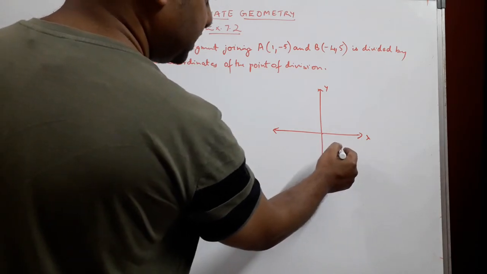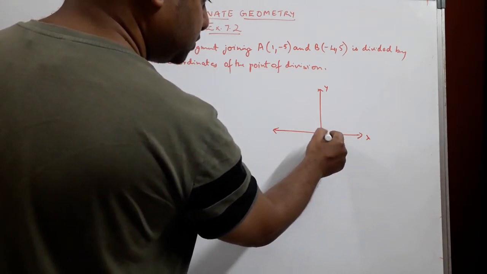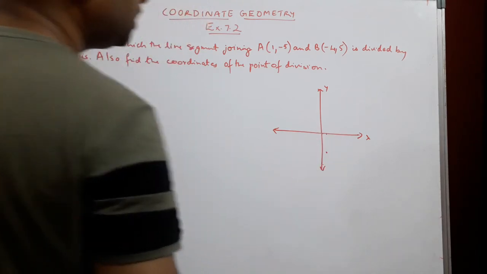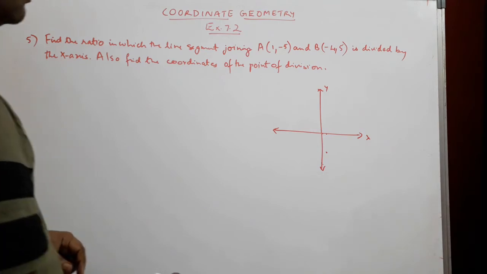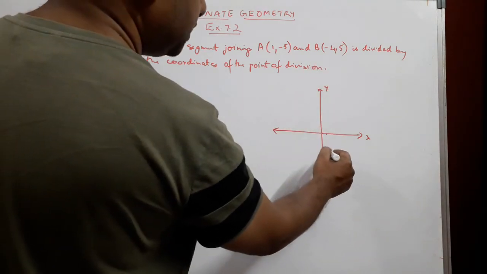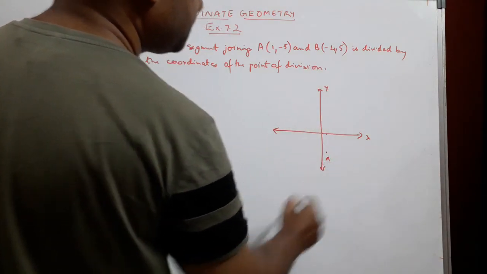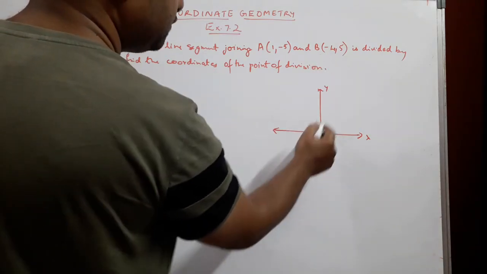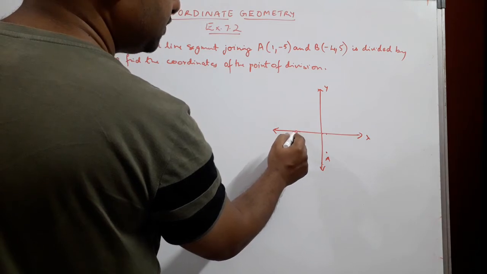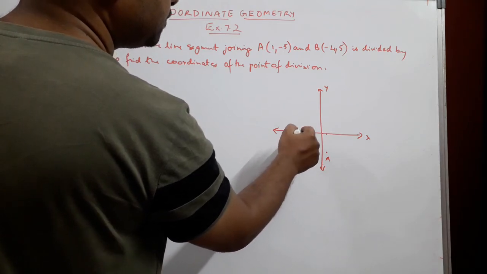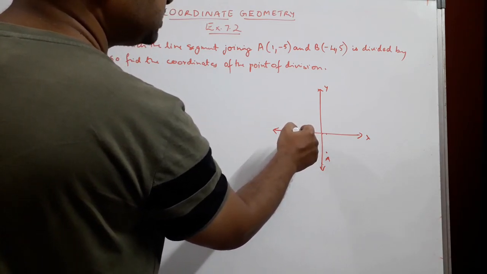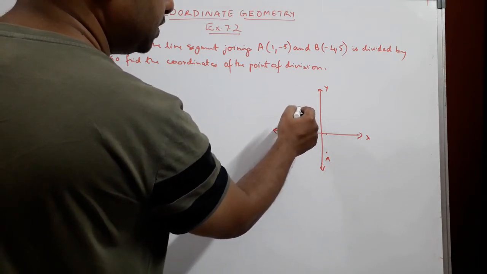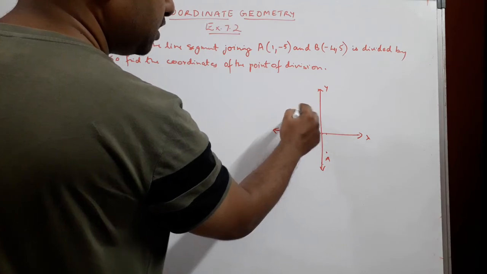So A will be somewhere here. B is (-4, 5), which means it has to be on this side, with negative 4 over here, and y is positive 5, so it's in the second quadrant, somewhere over here.